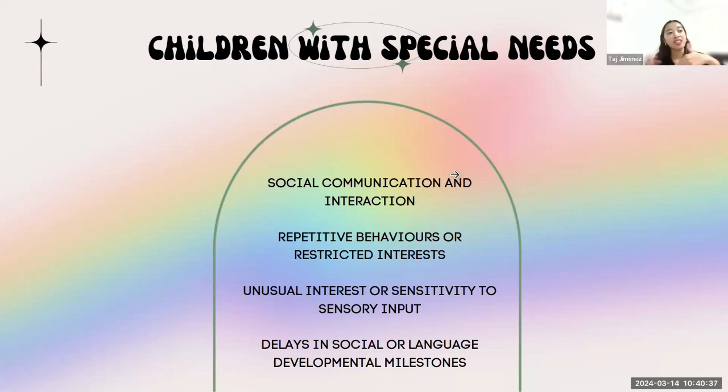If during the lesson a child is twirling, spinning on his seat, or standing up and spinning around, that's a repetitive behavior you might want to take note of. Maybe annotate it in a notebook or a journal. Just have a quick bullet point like 10 a.m. lesson time, he's spinning for 15 minutes straight.